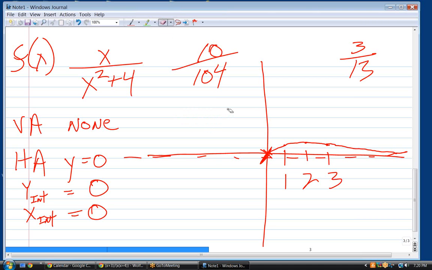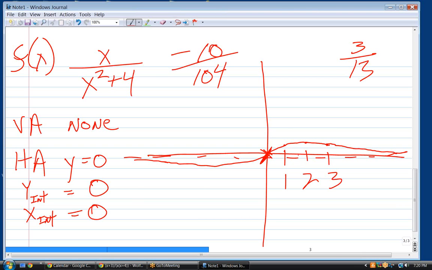In other words, when x is negative, y is negative automatically. So we're automatically in this area, which means it's going to do the exact reflection of this and come back and approach the y-axis like that. So I believe that's what this function looks like. Yeah, because when x is minus 10, then we have minus 10 over 104.